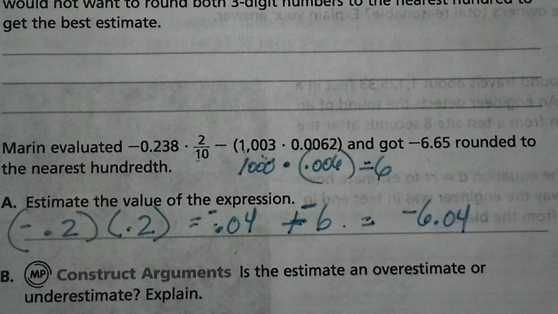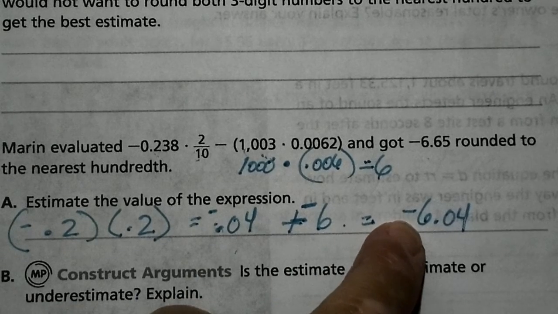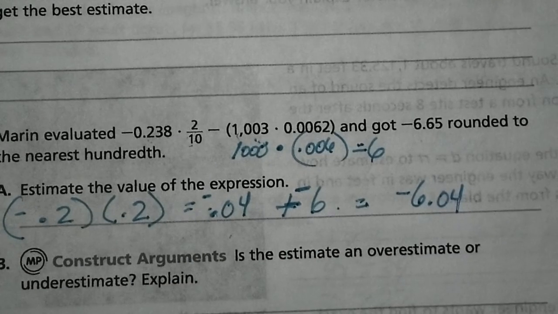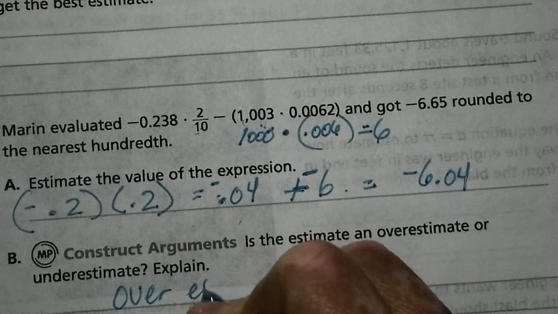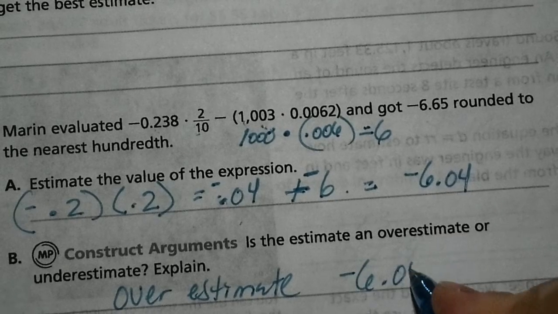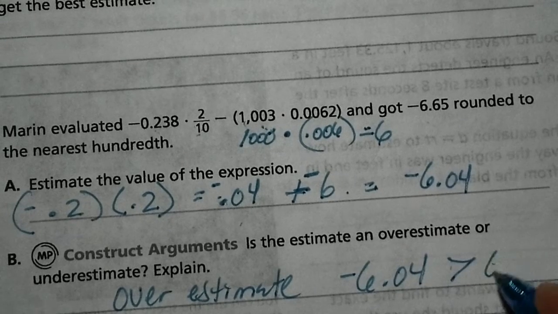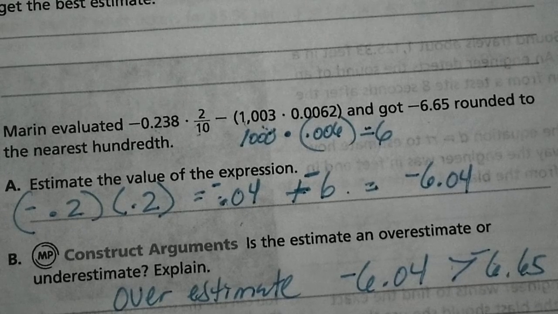Well, they're negative, so be careful. No, over. Oh, wait. No, it's over, because negative 6.04 is higher than negative 6.65. So we have an overestimate because negative 6.04 is larger than negative 6.65.